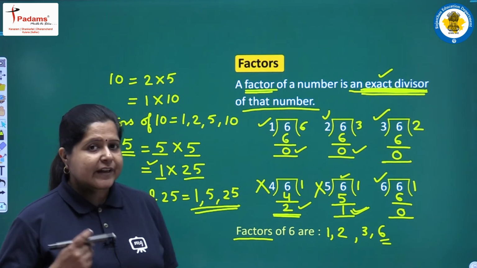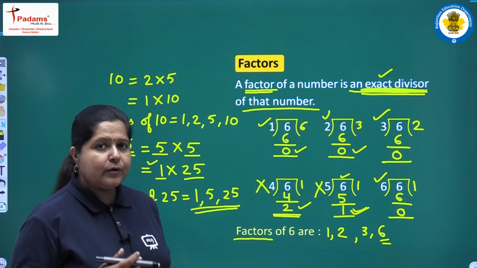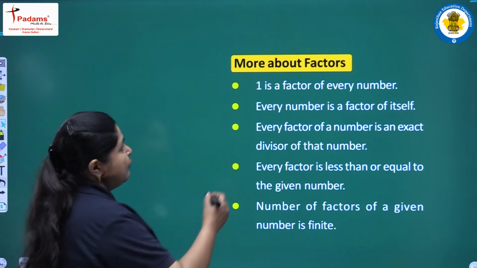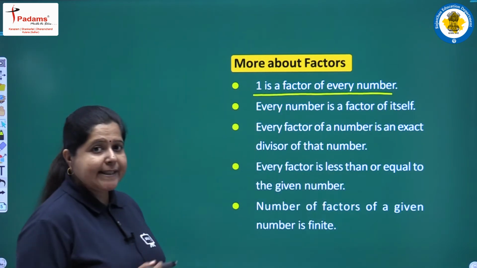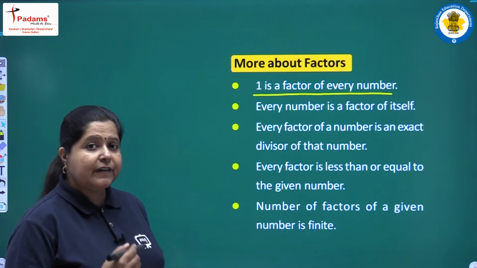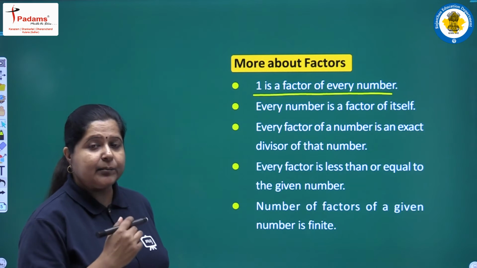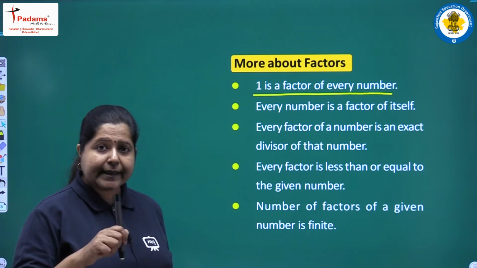This all will be very much clear as we will be taking up some more examples, but before that let us know something more about factors. 1 is a factor of every number. You can see every number can be divided into smaller parts taking one single piece every time, as we distributed sweets, toffees, taking one each time.